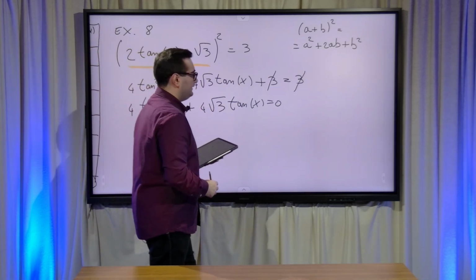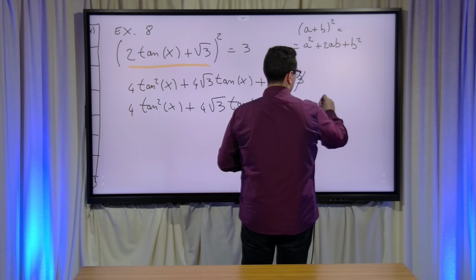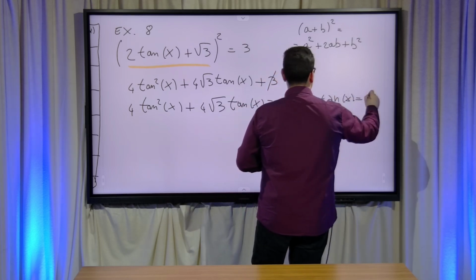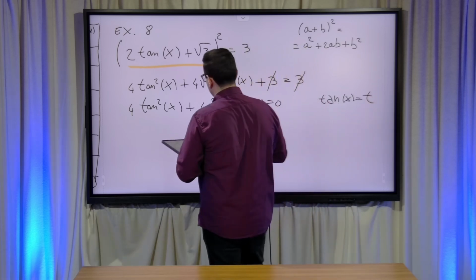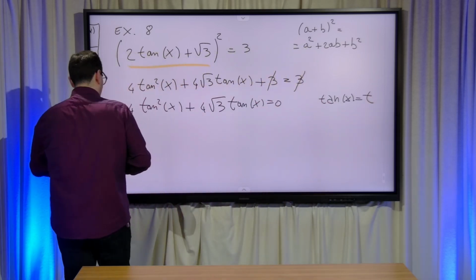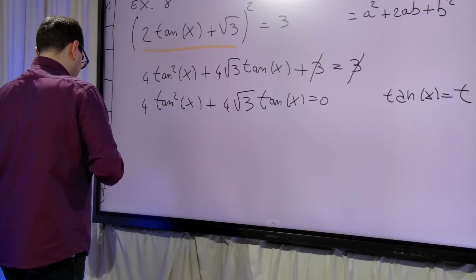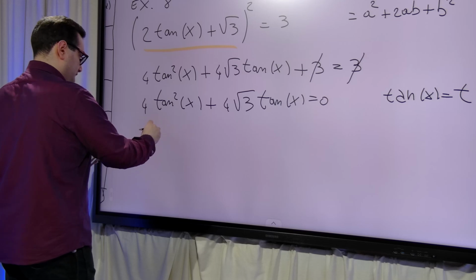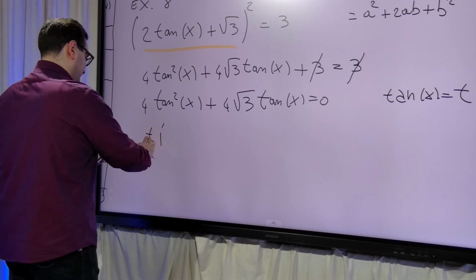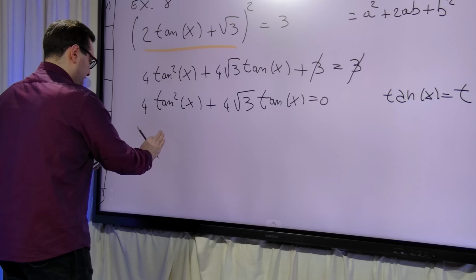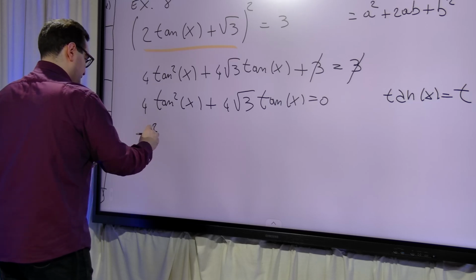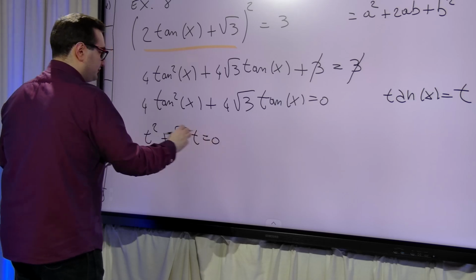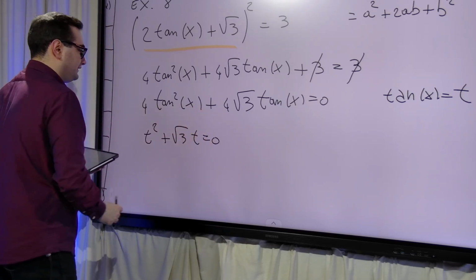Again I can write that tangent of x is equal to a variable that I call t, and from this one I can write t squared plus square root of 3 times t equals 0. The 4 here is simplified.